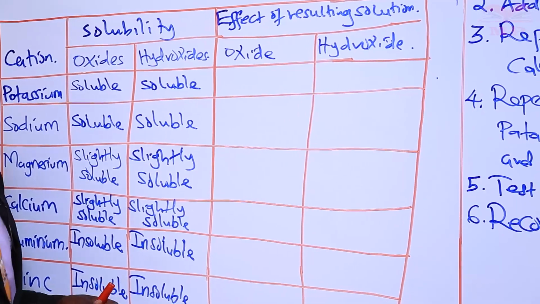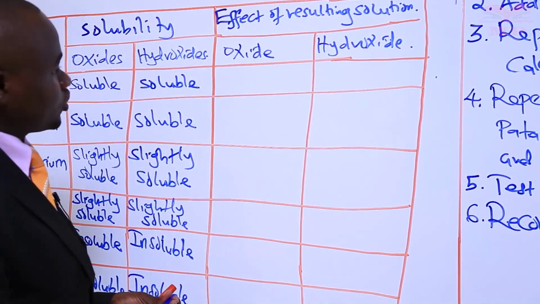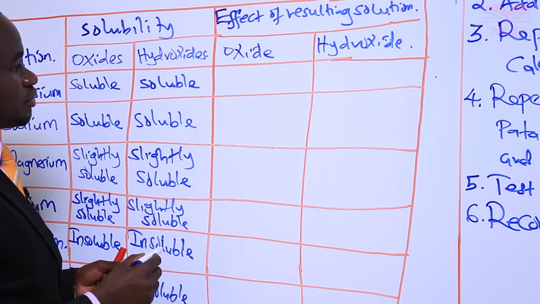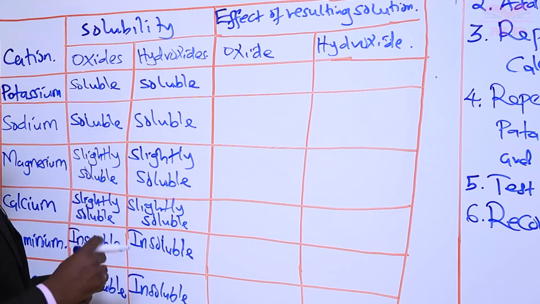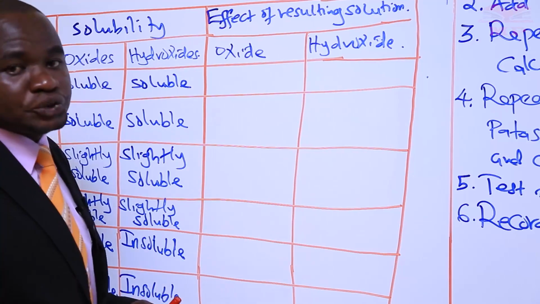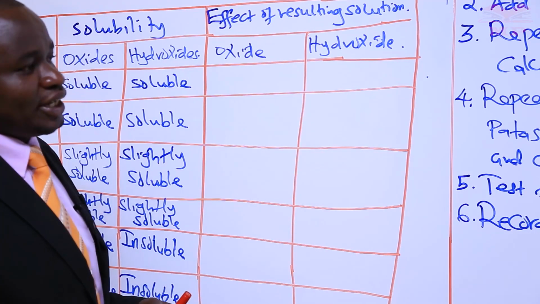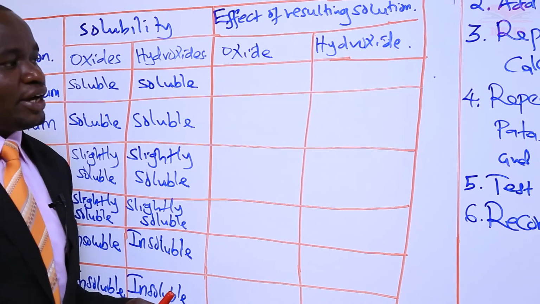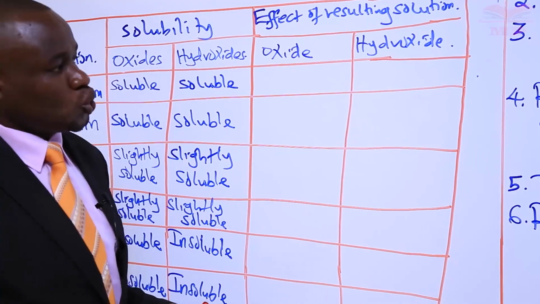The expected observation is that the oxide of potassium will dissolve in water to produce a basic solution. And a basic solution, you know very well, will turn red litmus paper to blue.